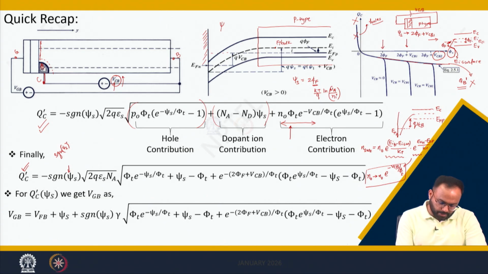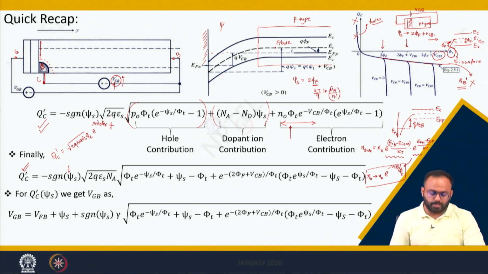So, QC dash for accumulation can be given as 2 into q into Na into epsilon s into phi t e to the power of minus psi s by 2 phi t. That is the exponential dependency, and there is no VCB term coming in accumulation.